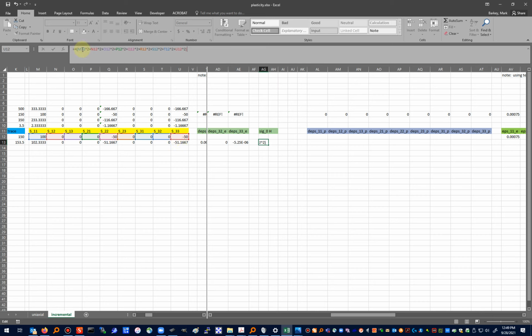Take all of that, multiply it by 3, divide it by 2, and then take all of that, take the square root.